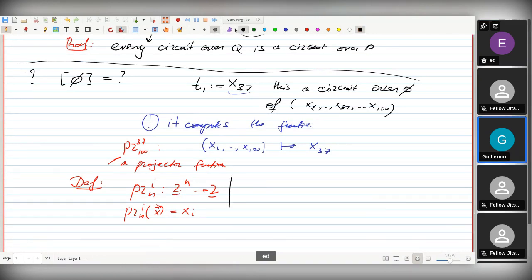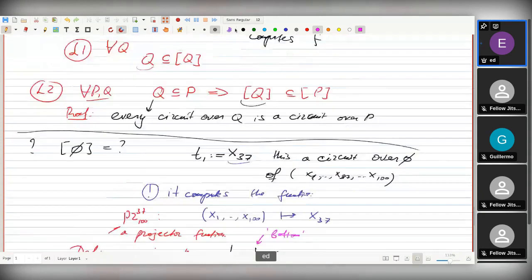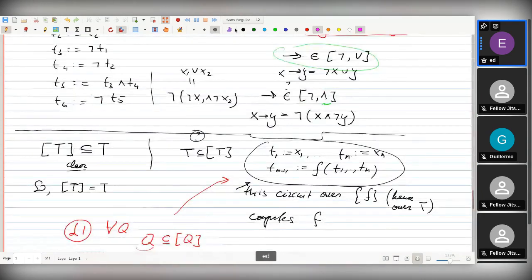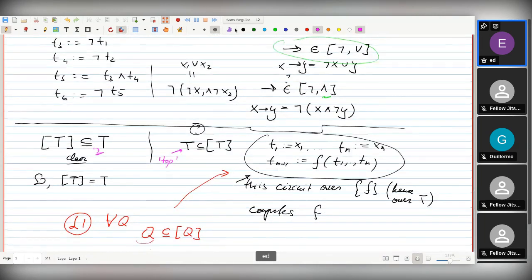Yes. Let us define the set of all projectors. I will denote it with this bottom symbol. It is to be read as bottom. By the way, you can read this one not as T but as top.